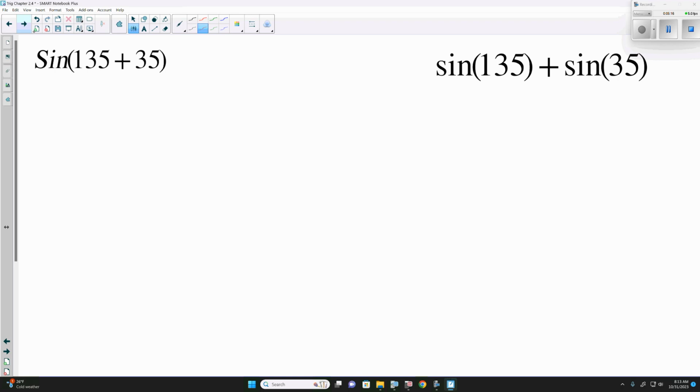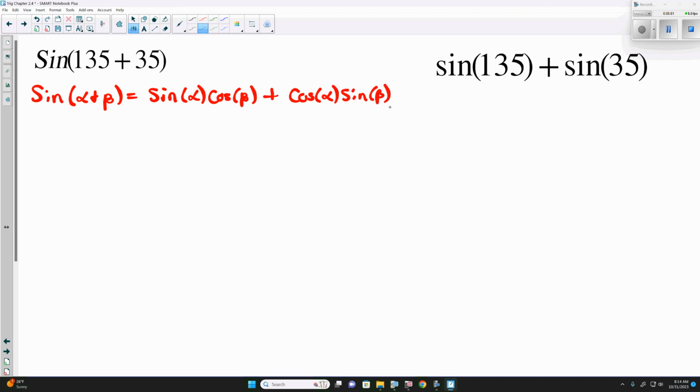Now, we can also do this with degrees, because the first one we did in radians. The second one, we can do in degrees. If we look at the sum formula for sine, sine of alpha plus beta is equal to sine alpha cosine beta plus cosine alpha sine of beta.